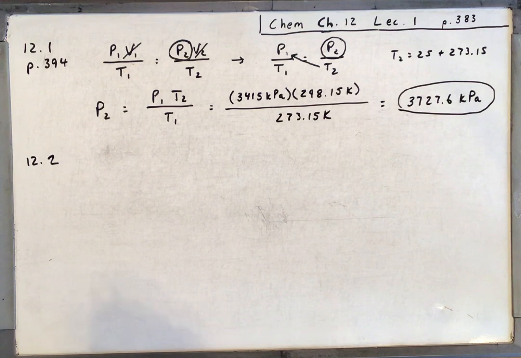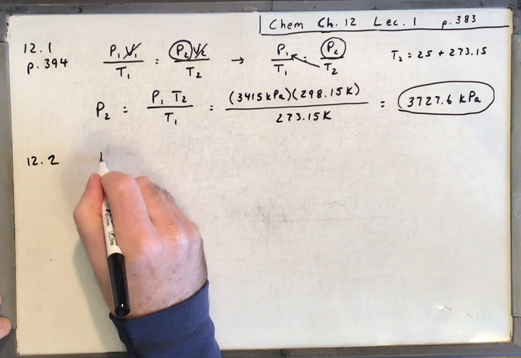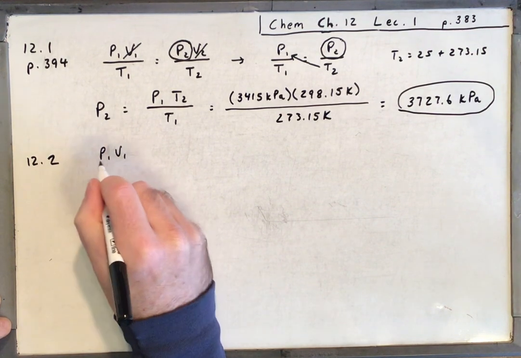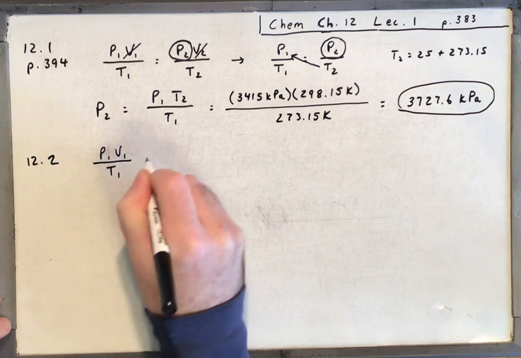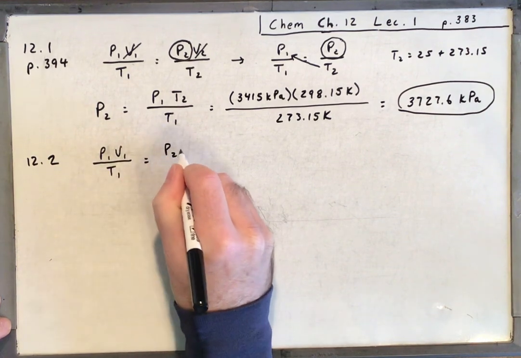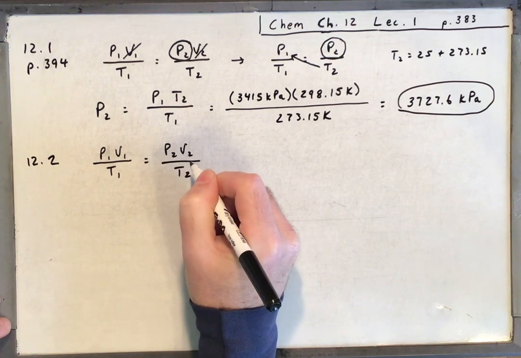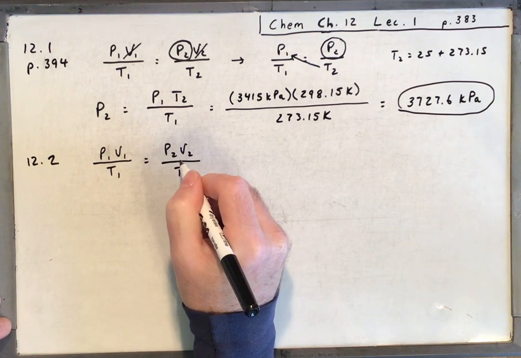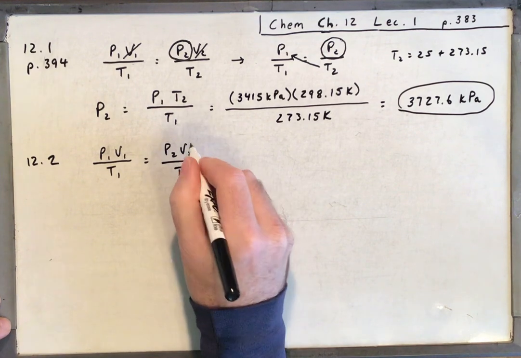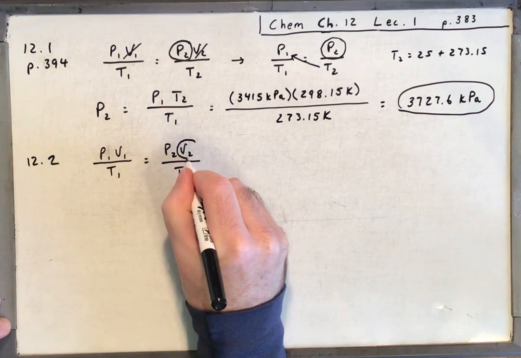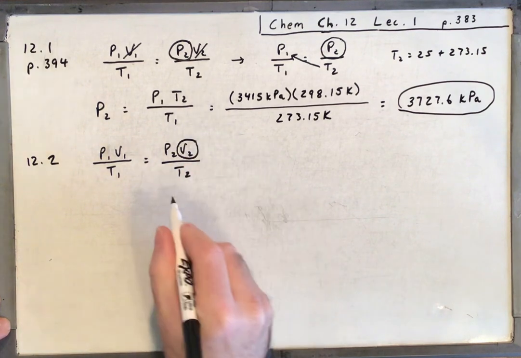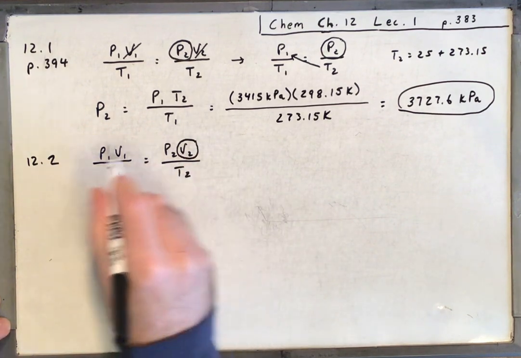All right, so again, we have a before and after situation. P1 V1 over T1 is equal to P2 V2 over T2. All right, we are looking for the new volume. Okay, so we're looking for V2. So algebraically, we don't get to cancel anything out here.